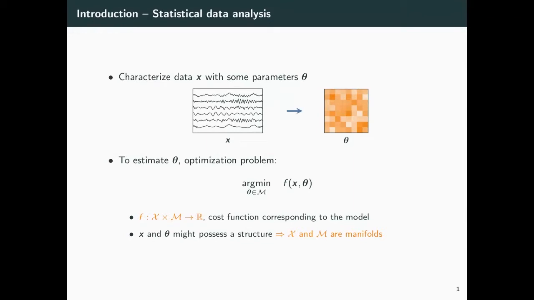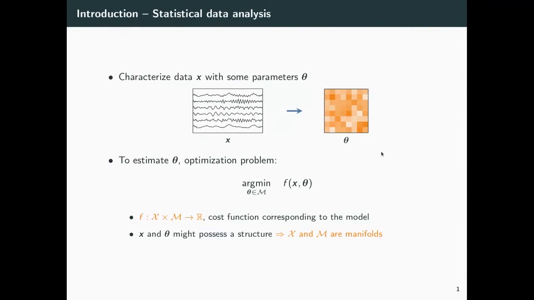In general, we have a statistical model, and this model can be represented through a cost function. Given some data x, we aim at finding the minimizer of this cost function f by solving this optimization problem.